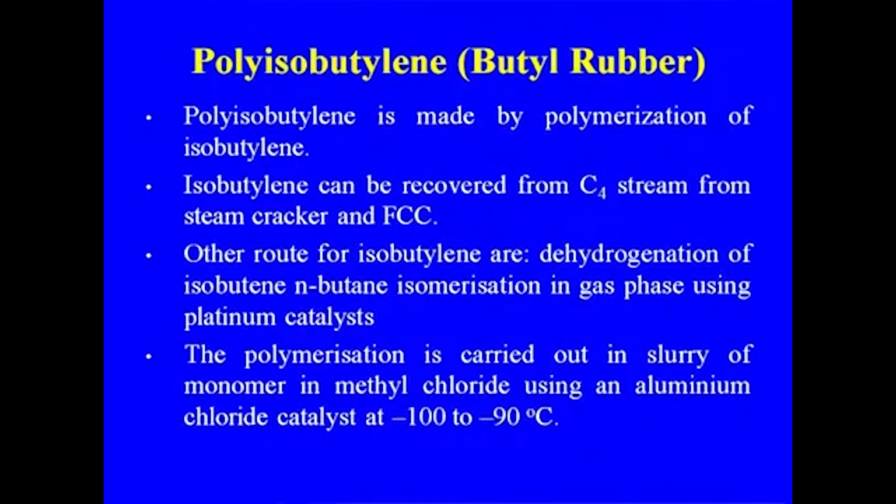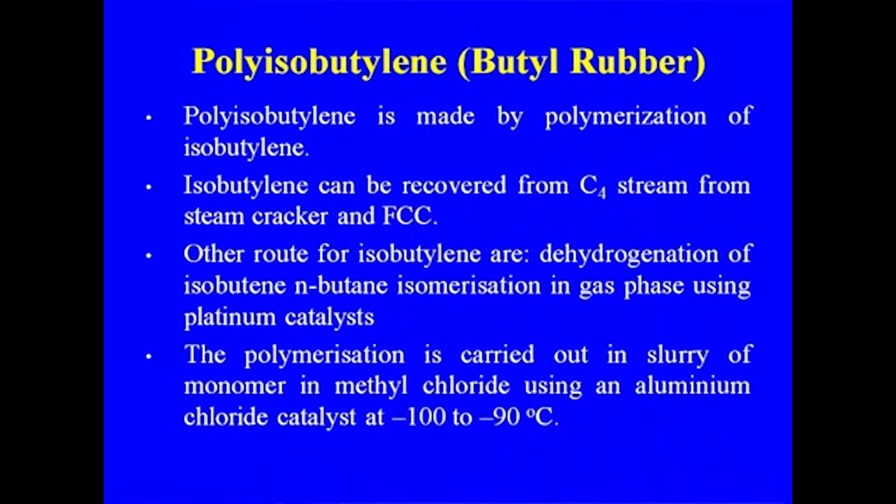Butyl rubber is made by the polymerization of isobutylene. As I told you, isobutylene can be recovered from the C4 stream from the steam cracker and the FCC. Other routes for isobutylene are dehydrogenation of isobutane and n-butane, and isomerization in gas phase using platinum catalyst.